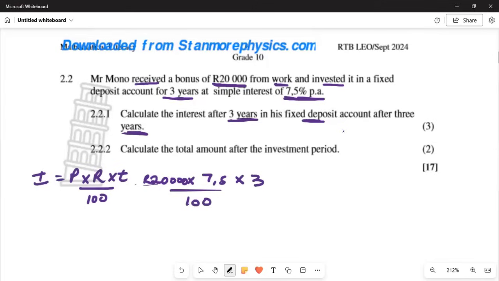So when you multiply 20,000 times 7.5 times 3, you are going to get 450,000.